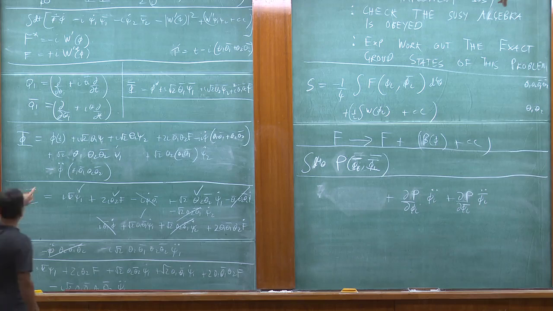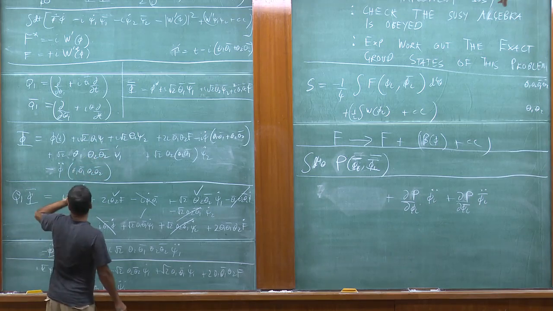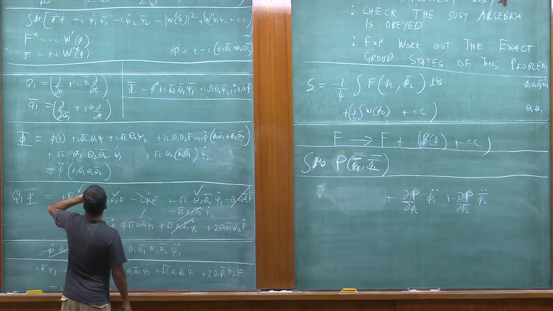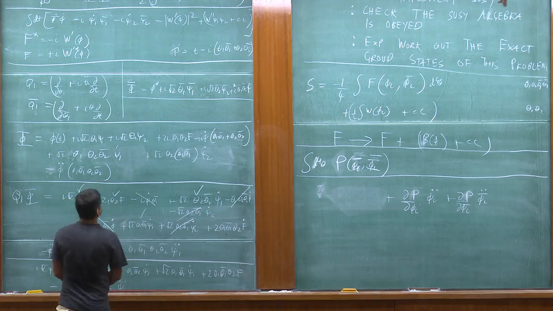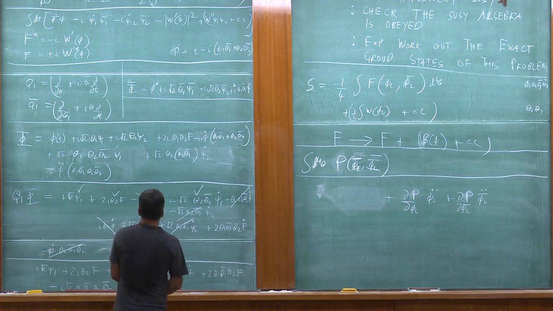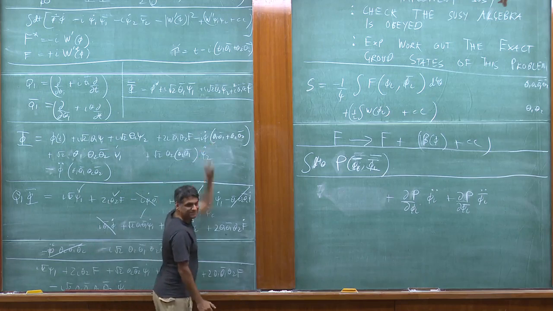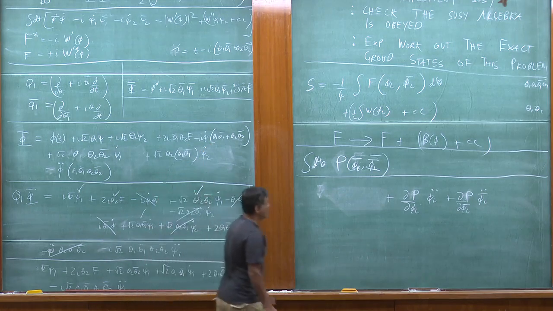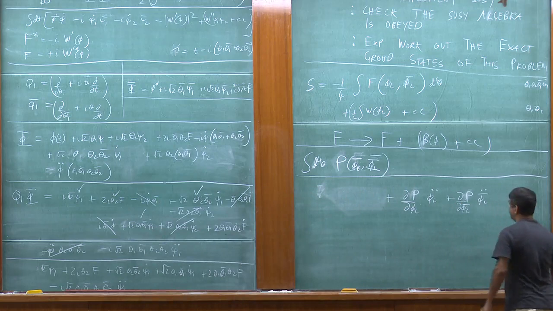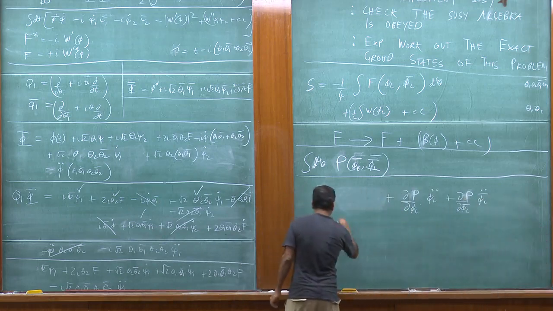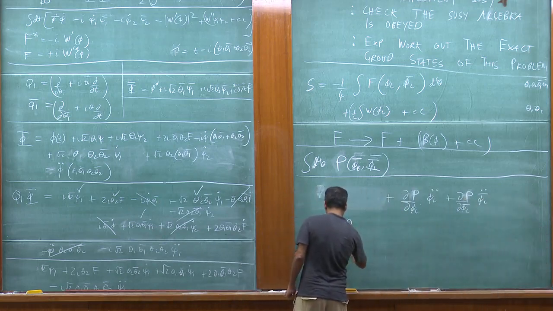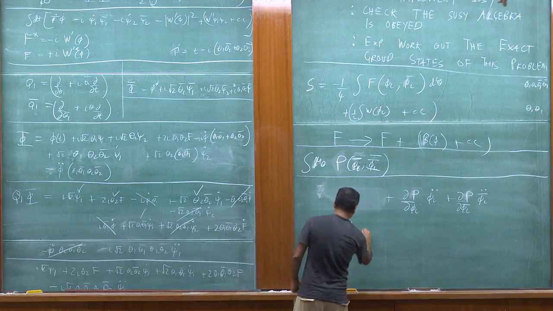No other combination of terms will do it, because we want to get 2 theta bars, and the only way we can get 2 theta bars without having extra thetas is from here. Fine. So we get plus d2p by d phi I d phi j.